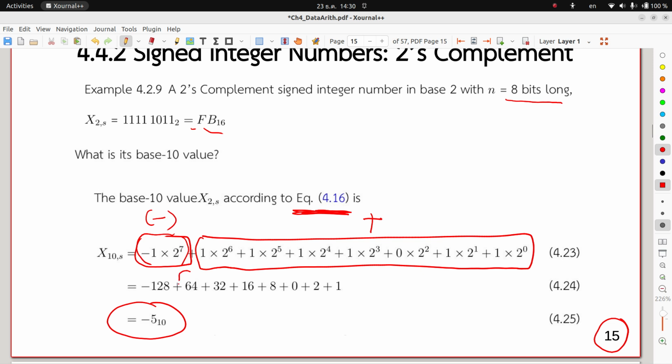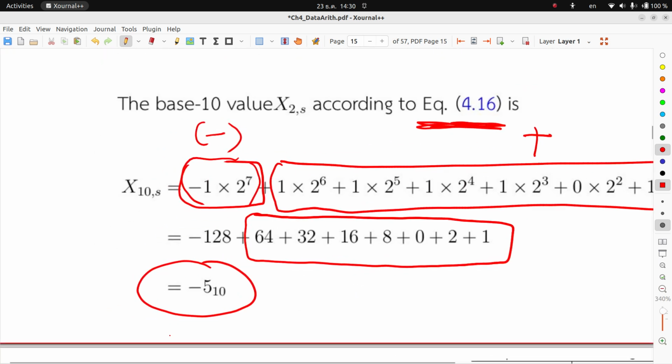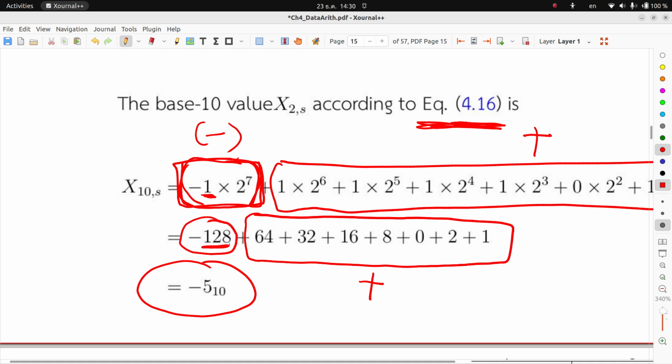You can see that the right hand side represents the positive number, but only the most significant bit represents the negative part. So if it's 1, then your negative part shows up and it represents a negative number.